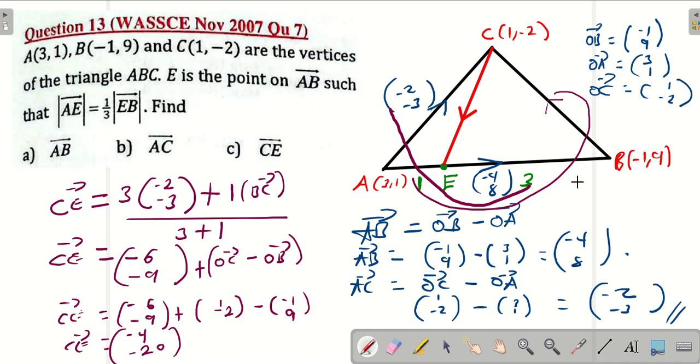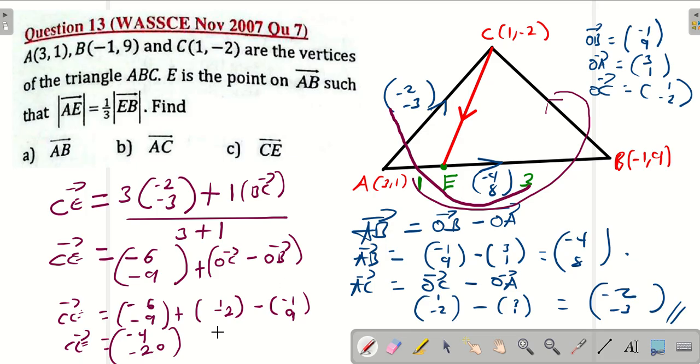Wait, 3 plus 1. Is it not negative 4, negative 20? The question says we should find C, isn't it?